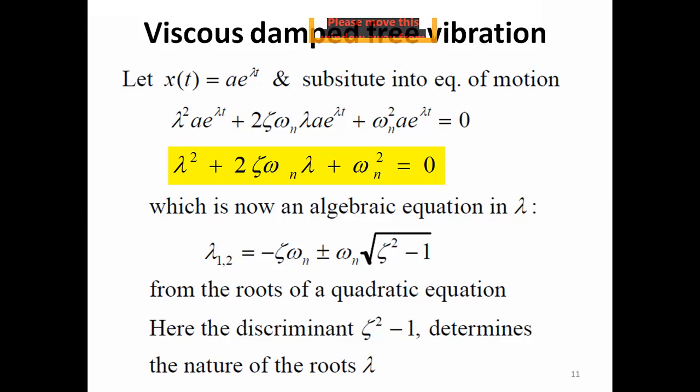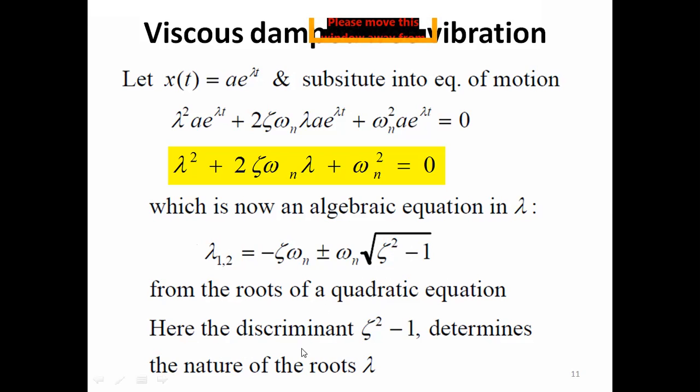So we have two roots, one with the positive sign and one with the negative sign. The nature of these roots actually depends upon the value of this discriminant. Actually, anything which is inside this square root is known as the discriminant.